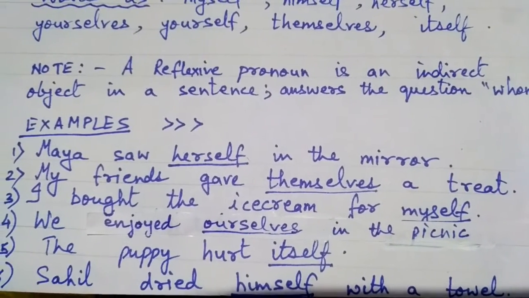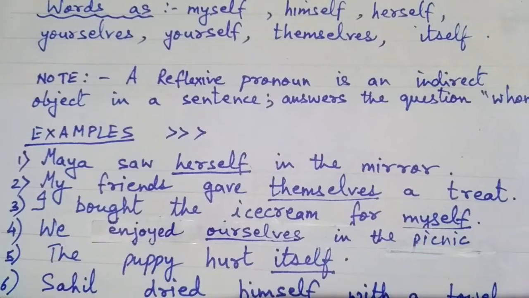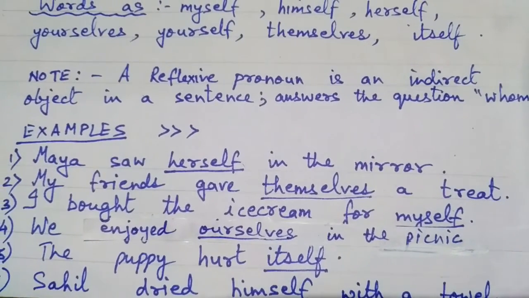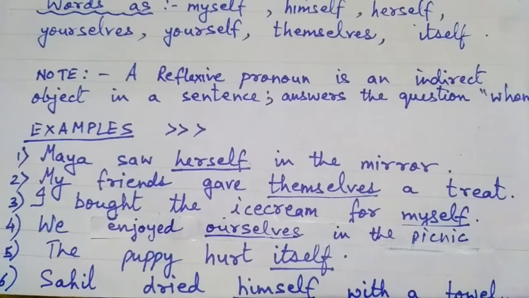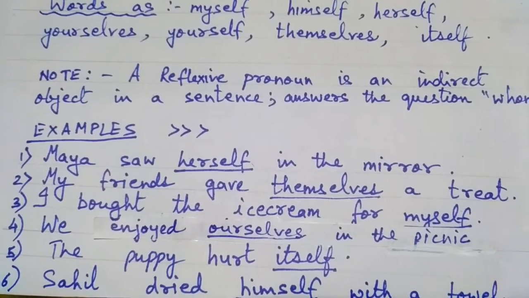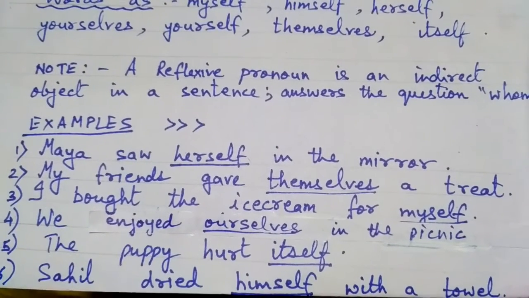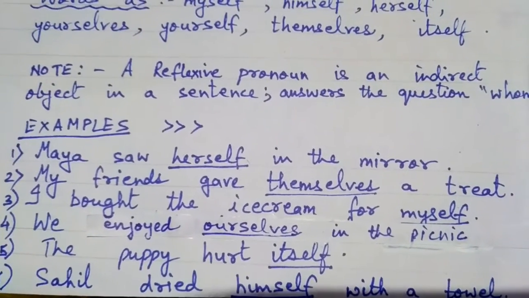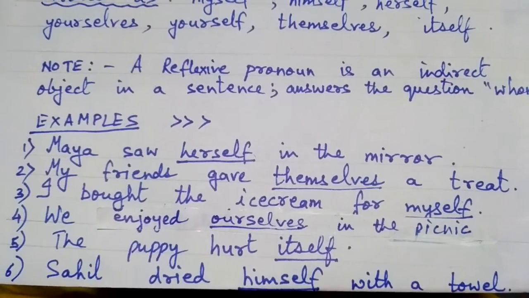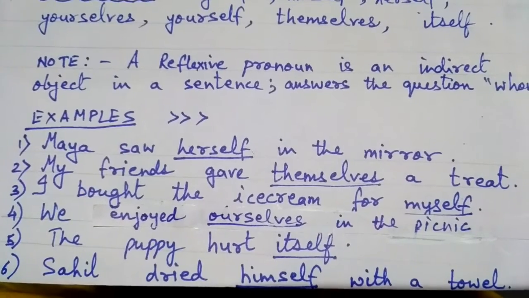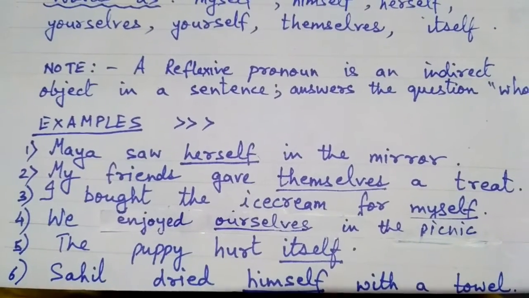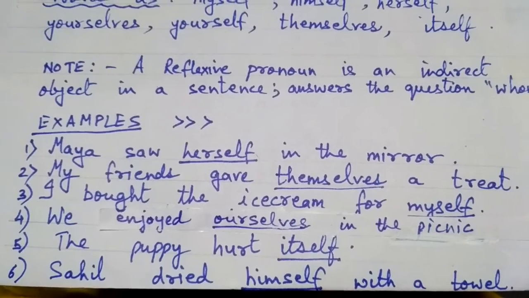So the word herself is the object of the verb saw, and it is also related to the subject. So the subject and the object are connected here. In this case, the pronoun herself is the reflexive pronoun in the sentence.